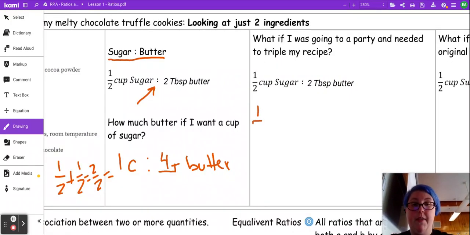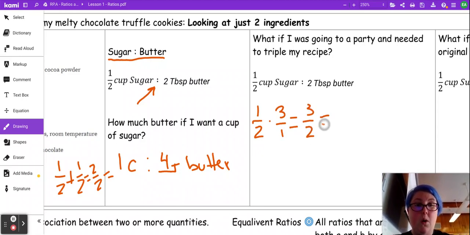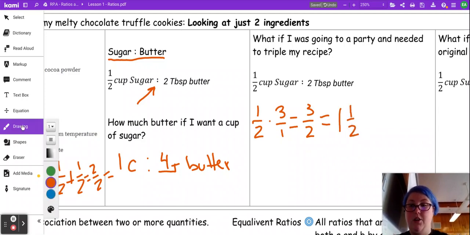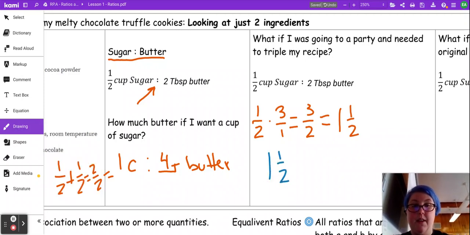We know that 1/2 times 3 is actually 3/2, or 1 1/2. So now our ratio becomes 1 1/2 to how many tablespoons of butter?